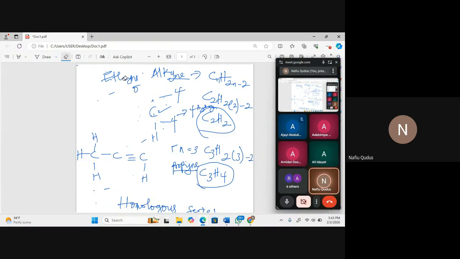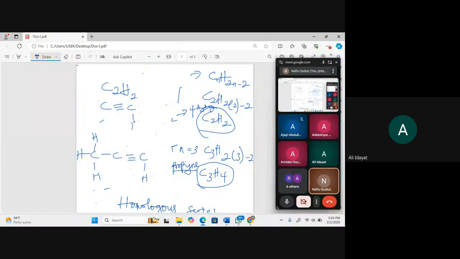Any question? Why don't you start from methyne? Why can't I start from methyne? We've written ethyne before, C2H2, and this is where we start from.